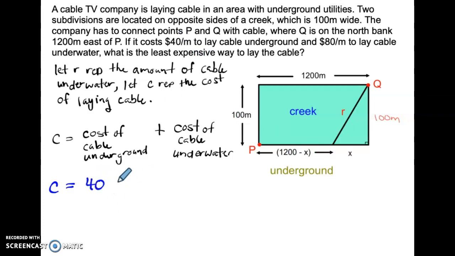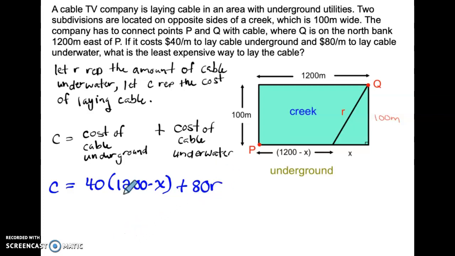So cost times the amount of cable gives us the cost of cable underground, and then we're going to do the same thing for the cost of the cable underwater. We take the cost per meter, or the rate, and multiply by the amount underwater, which is r.